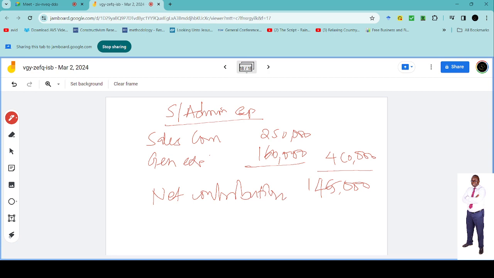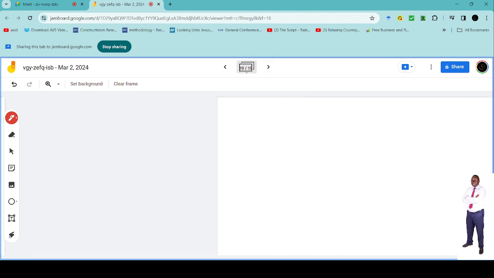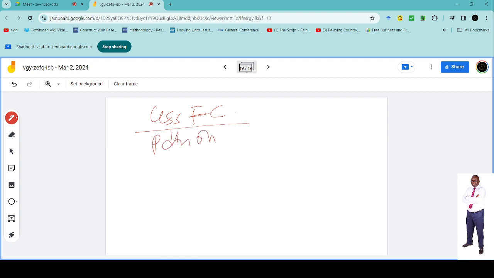So that particular net contribution, we will now subtract, less all the fixed cost, and the first one was a production overhead of 900,000. The next one is the element of overheads under the selling and admin overheads, which are fixed in nature.